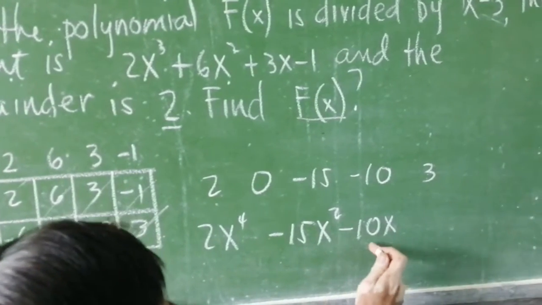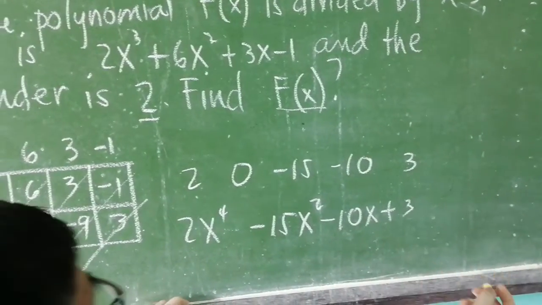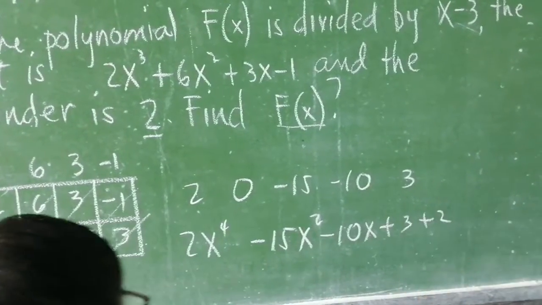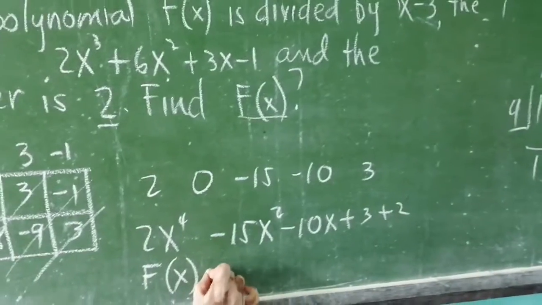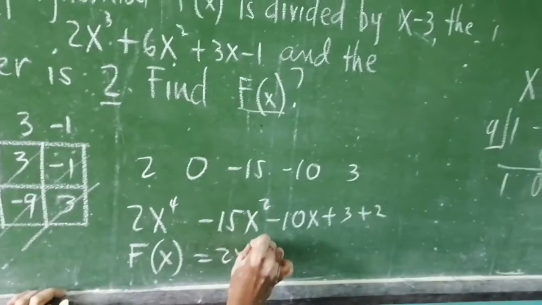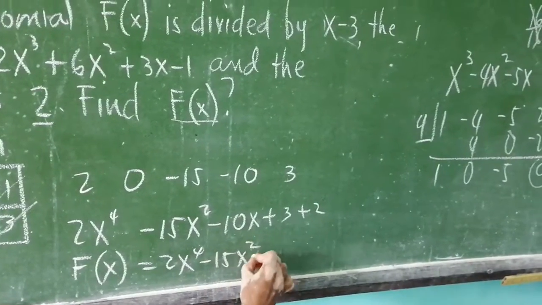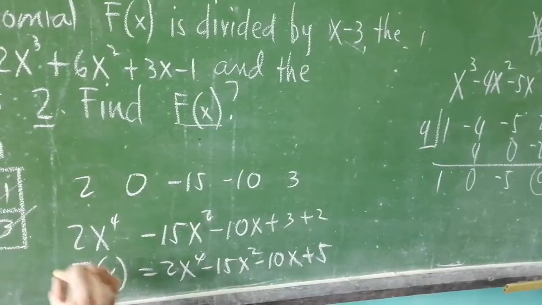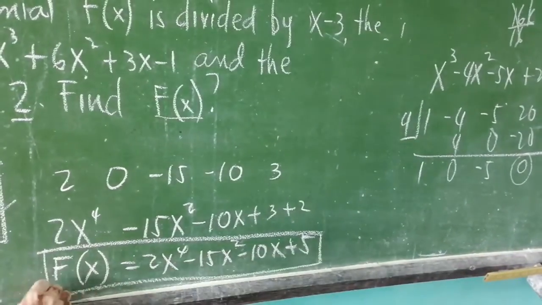So minus 15x squared, minus 10x plus 3. Take note there is a remainder of 2. So you add that 2 there. So finally f of x will be 2x to the 4th minus 15x squared minus 10x plus 5. So this is the polynomial that we are looking for.